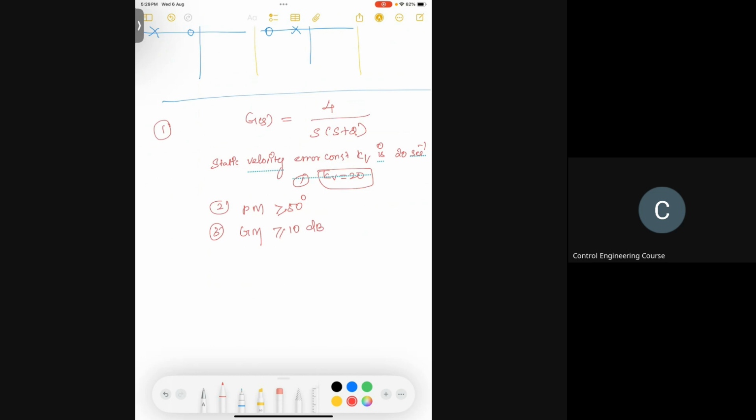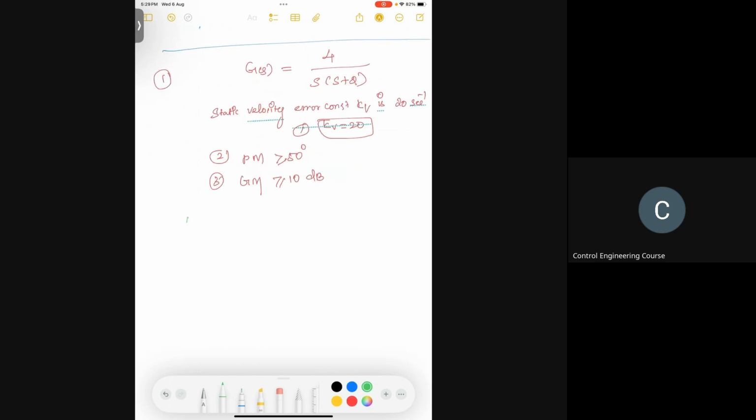Okay, right. Now the first step is: we always look to compensate the steady state error or characteristics first. Then we will go with the transient responses, because sometimes when we change the loop gain, that itself will give an expected outcome.